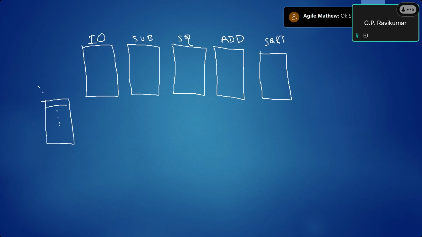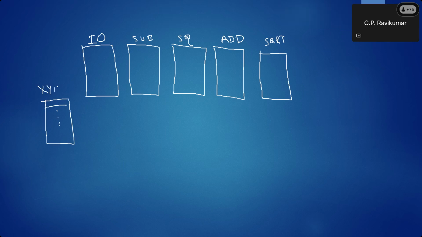So there is a big memory somewhere called XY-mem. There are two things called X1, Y1. This is the buffer. X1, Y1, X2, Y2.